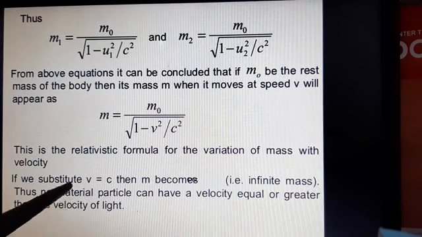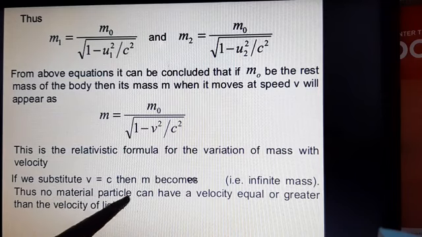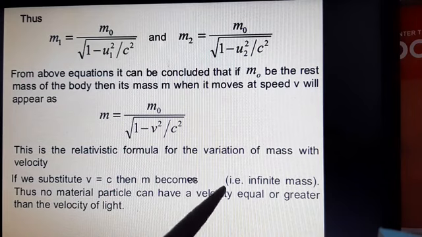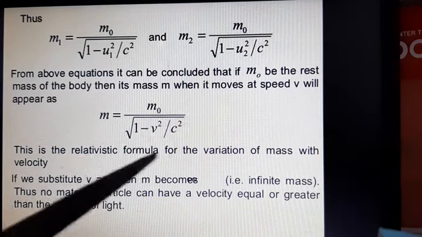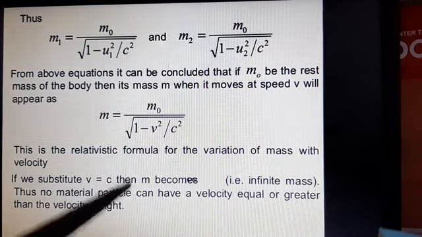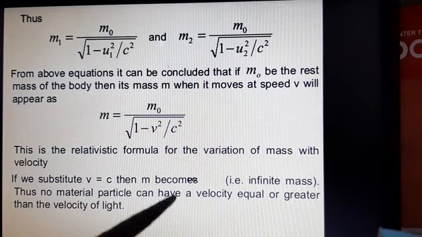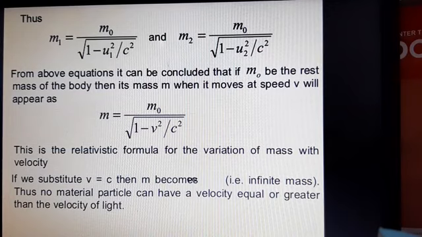We know that no particle can have infinite mass. That is, no material particle can have a velocity equal to or greater than the velocity of light. This is a very important result, because no material particle possesses infinite mass, or we can say that no particle can have velocity equal to or greater than the velocity of light.